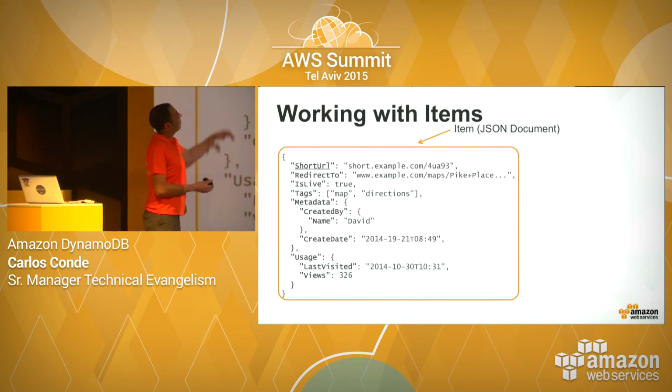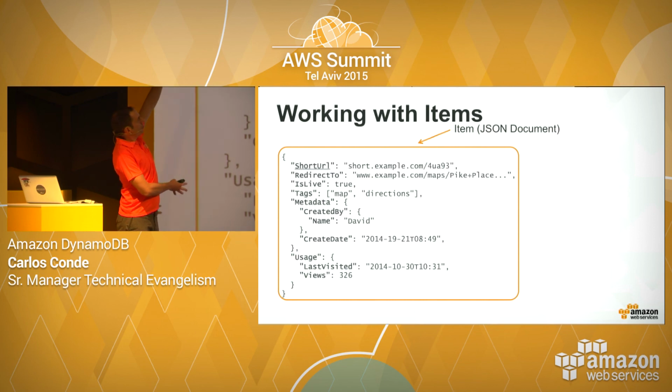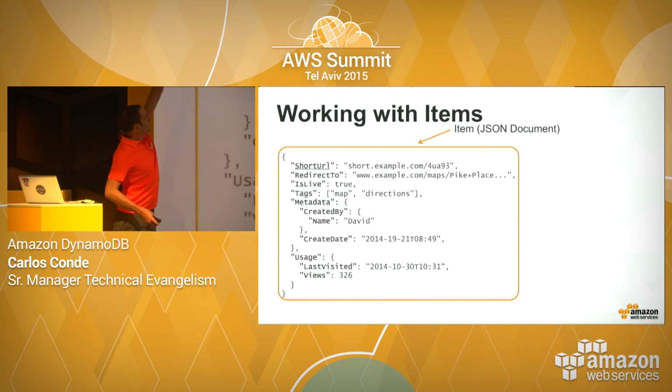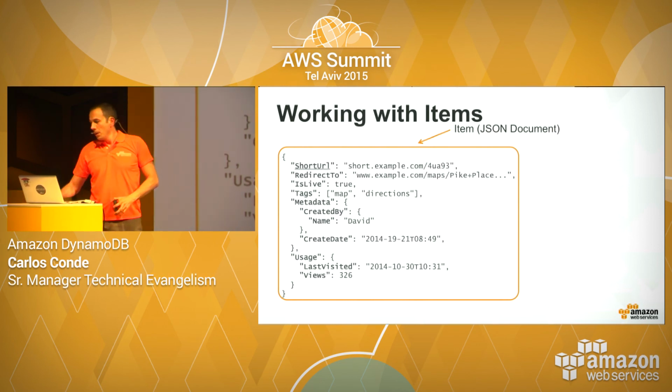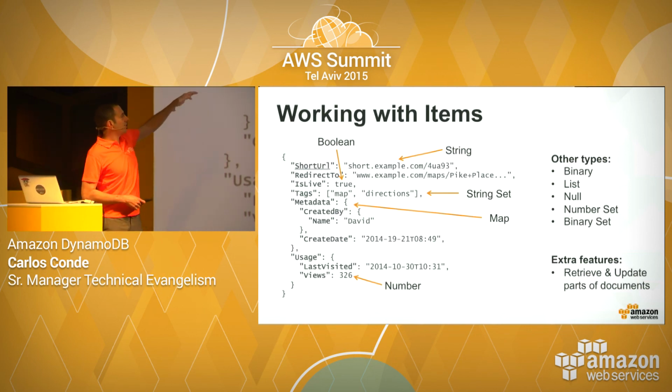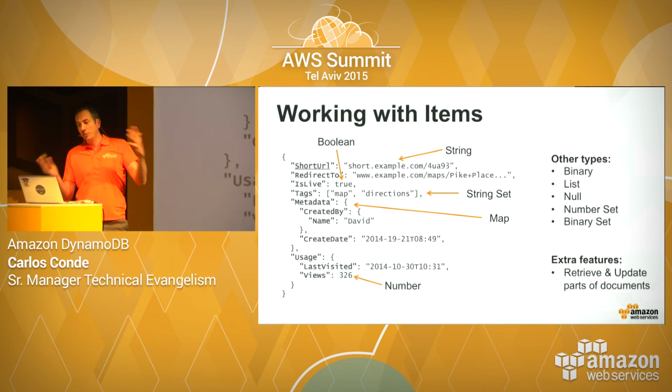So this is the kind of JSON item that you can have inside of DynamoDB. So you see that some are directly attributes on the table, and here you have nested values and so on. So the different data types that I showed at the beginning definitely apply here. You can have not only nested attributes, but also nested maps of attributes inside a document.